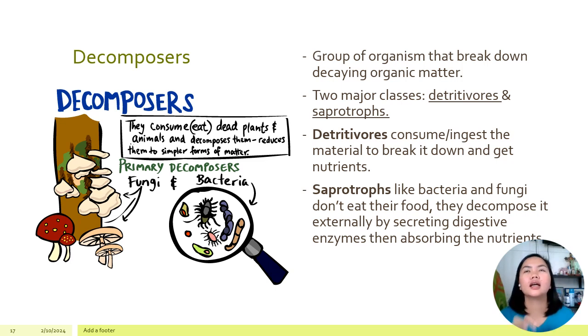And then the leaves are decomposed inside the worm's stomach. And then when the worm excretes, that's already the decomposed product. So that's the difference between the detritivores and saprotrophs. It's the mode of nutrition, how they decompose their materials.